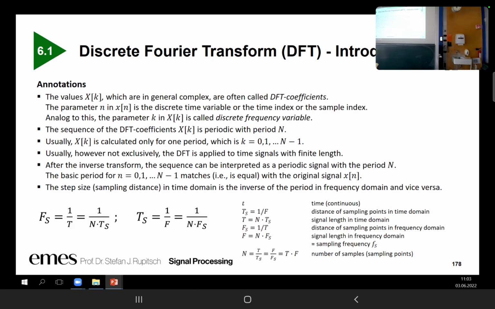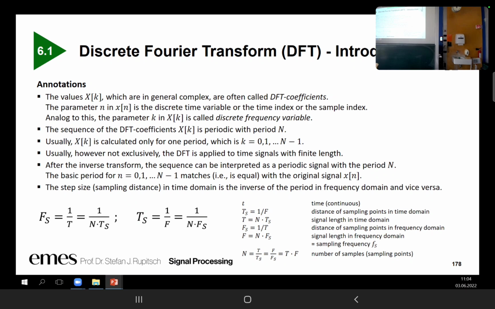But the upper frequency limit in the frequency domain is given by the number of sampling points and the time window we consider. Did I mention 10 milliseconds or 100 milliseconds? 10. Then we have here 100 hertz.